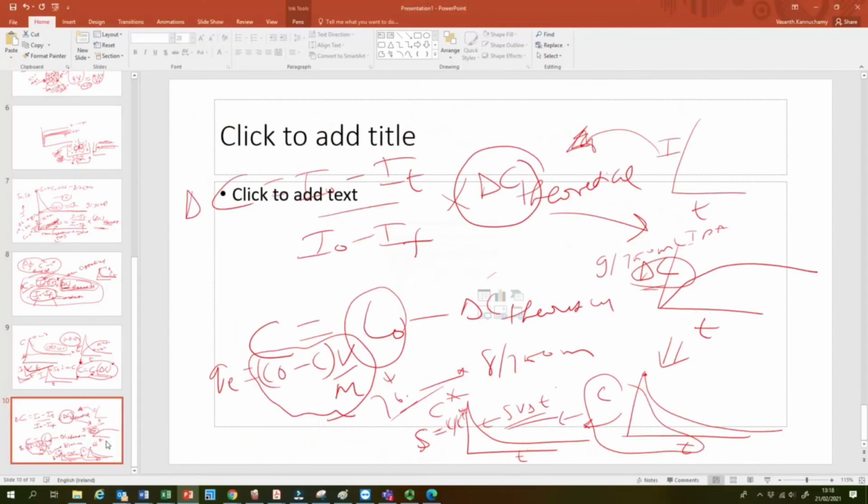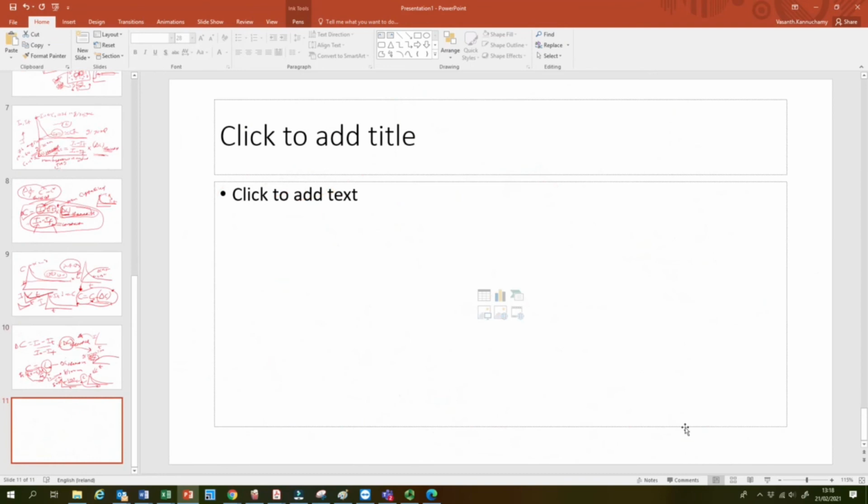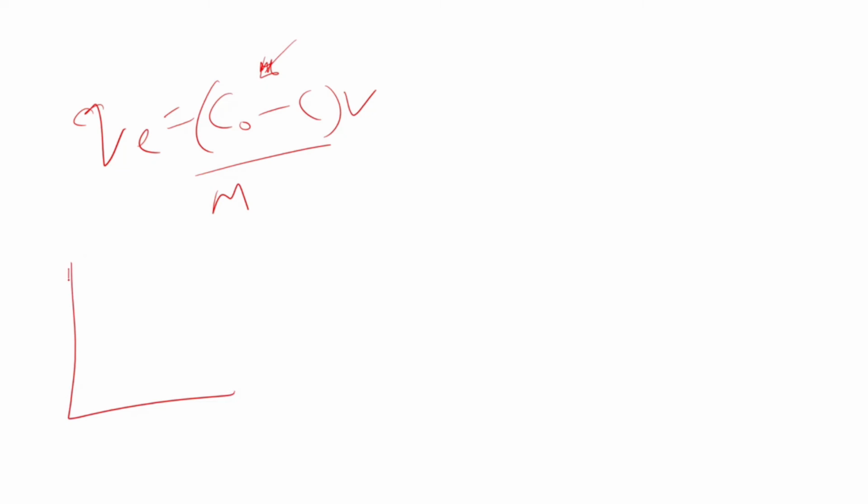Let me make one more slide quickly to show what this QE value is all about. QE is equal to C0 minus C, times volume per mass. During crystallization your concentration is decreasing. So you start from C0, say 10 grams per 750 ml.